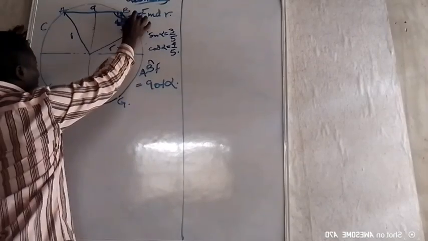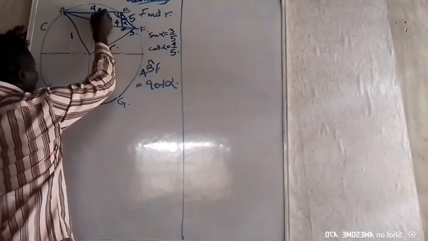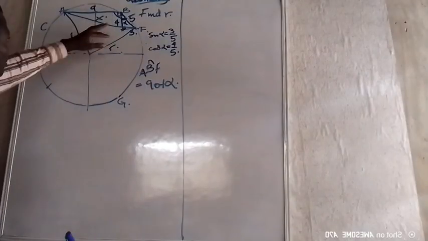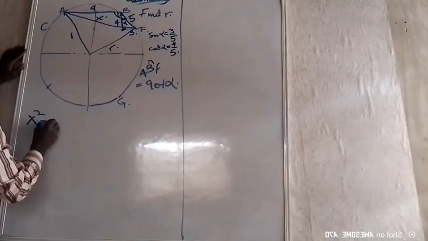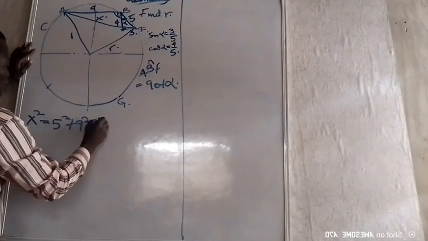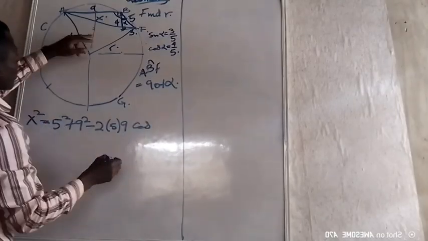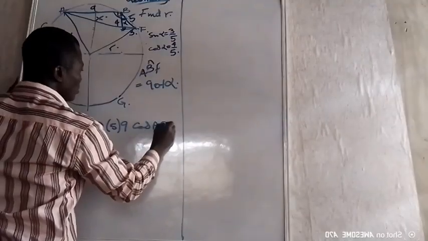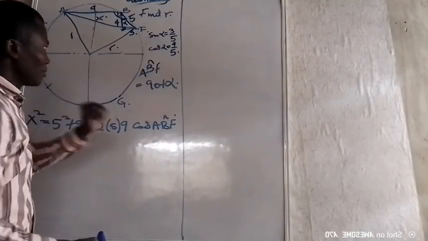And you can see that this is 5, this is 9. So let's find the distance between this place, x. So we can now say that x squared is equal to 5 squared plus 9 squared minus 2 times 5 times 9 cos ABF.